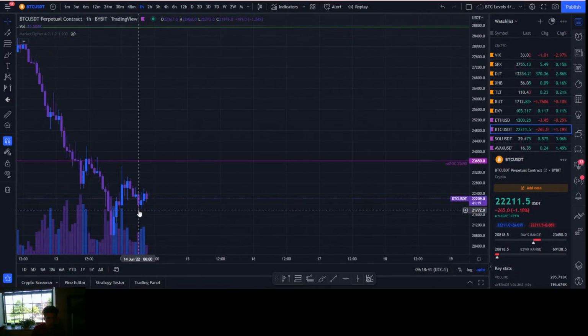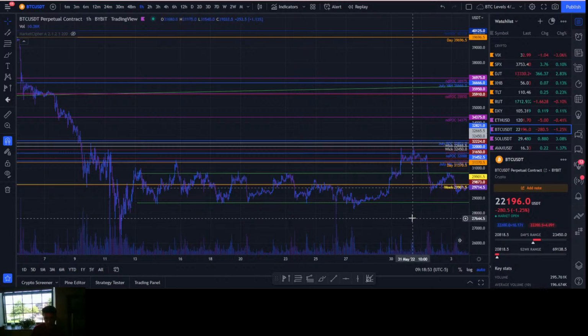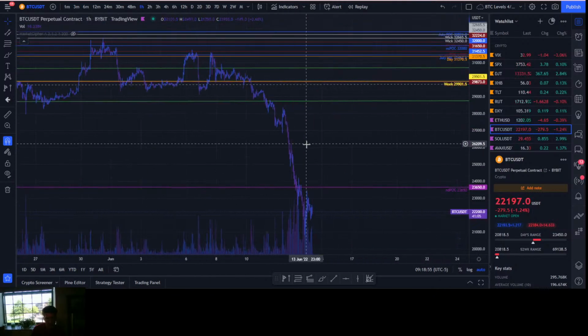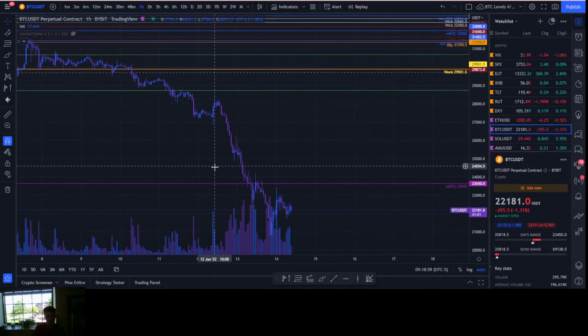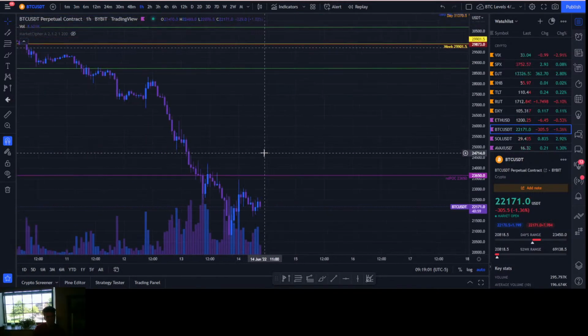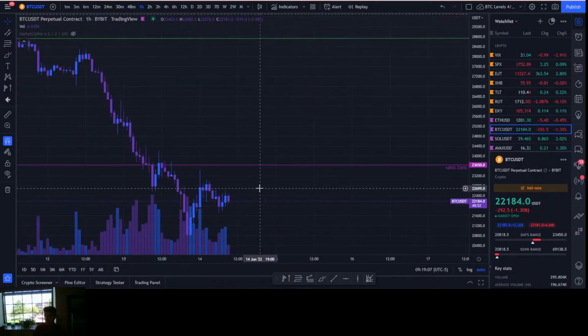If this support holds, there is a possibility that we come up and then trade sideways for a while. Just comparing it to this. This would be a retest of the previous day. I don't know. I'm just making things up right now. We'll see.